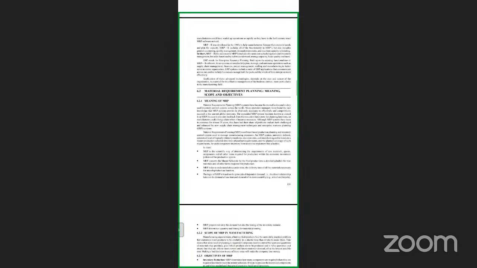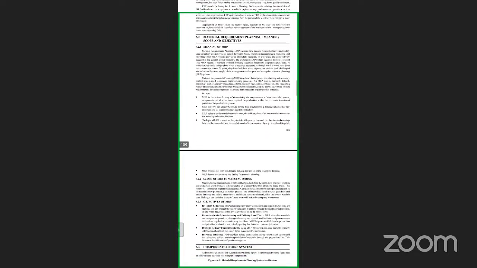And material requirement planning is a software based production planning and inventory control system that is used to manage the manufacturing process. And it is having a few components, inventory items needed to implement this schedule.